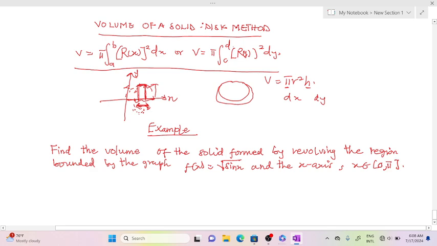It says find the volume of the solid formed by revolving the region bounded by the graph f of x equals square root of sine x and the x-axis, where we have our boundaries to be 0 to pi. This should tell you that the region is just the function and the x-axis. Seeing the x-axis should give you the nature of our problem, and you clearly see that it will be a disk.